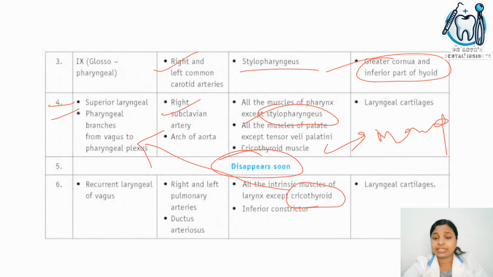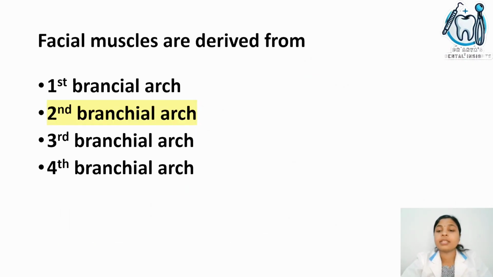Then inferior constrictor, then the laryngeal cartilages. So the fourth arch gives cricothyroid muscle, and the sixth arch gives laryngeal cartilages. So the answer is second branchial arch.